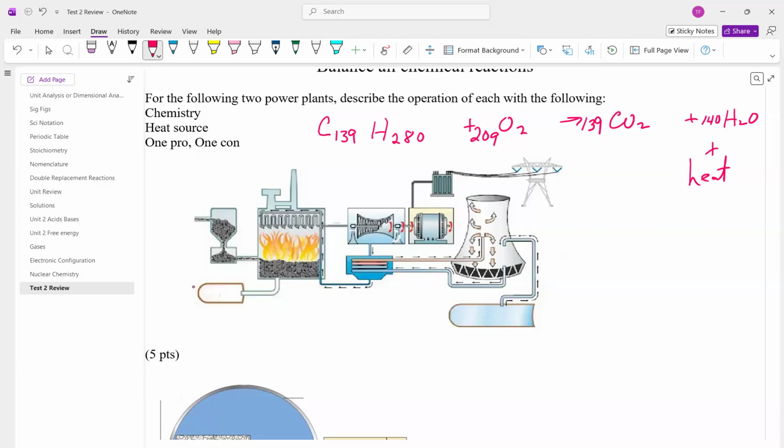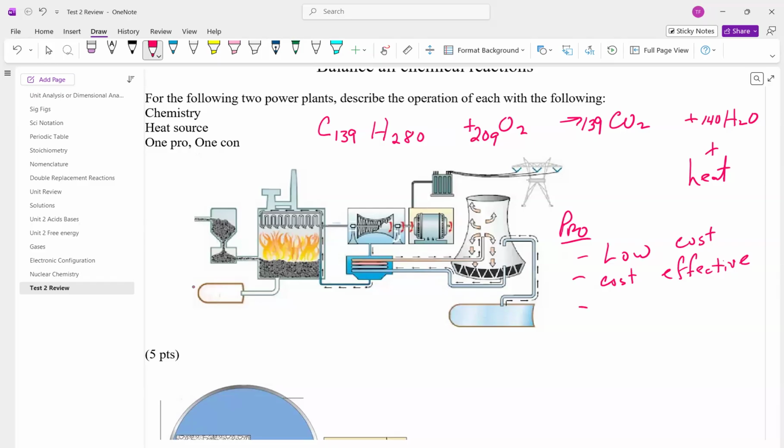Okay, what's 1 pro? It's cost effective, assuming you have no price put on the environment. What else? It's low cost relative to nuclear, because they're both expensive, but nuclear is far more expensive.